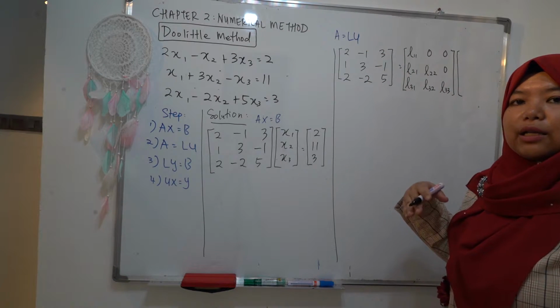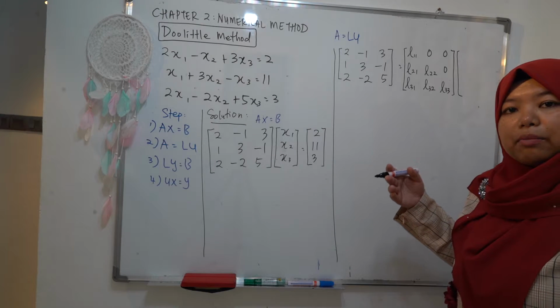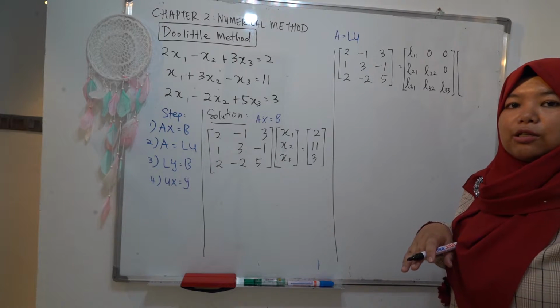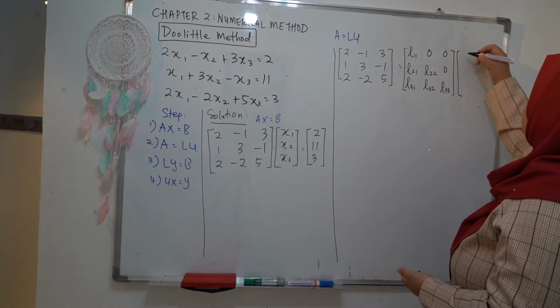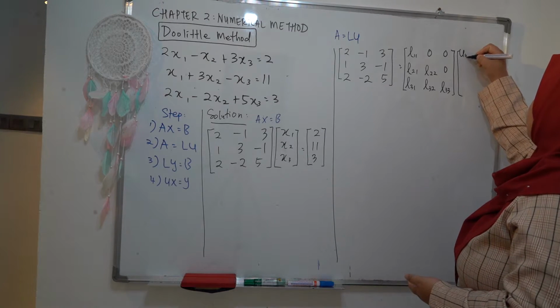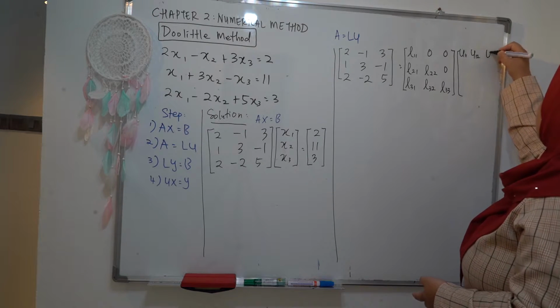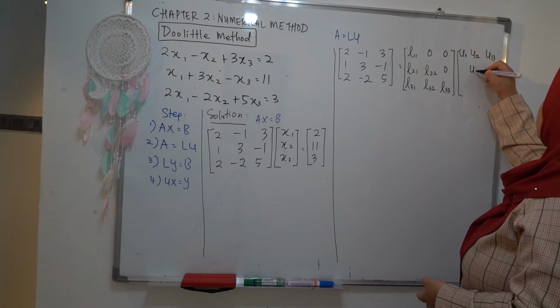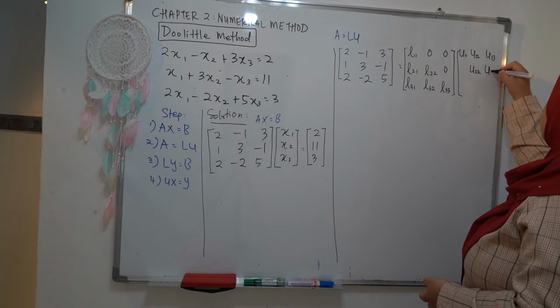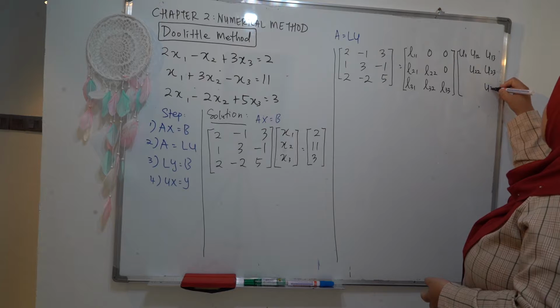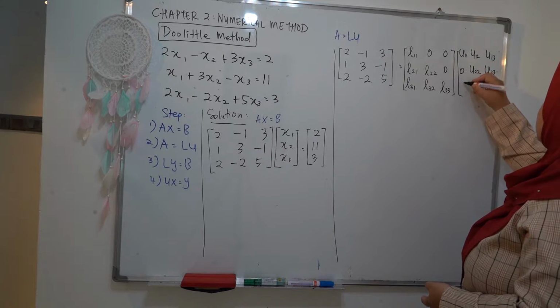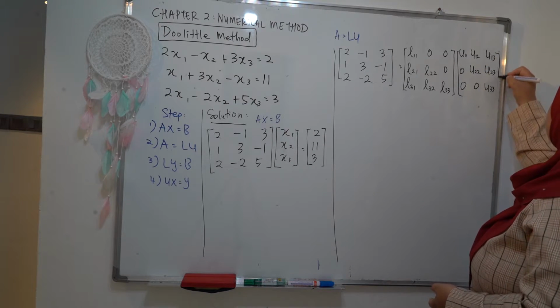From the diagonal and above, they have numbers, but I don't know them yet, so I just symbolize them with U: U11, U12, U13, U22, U23, U33. The rest is 0.